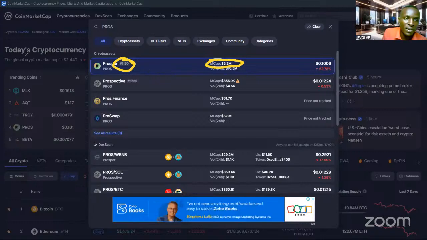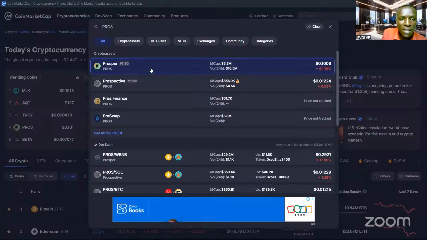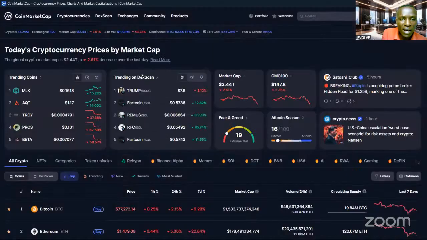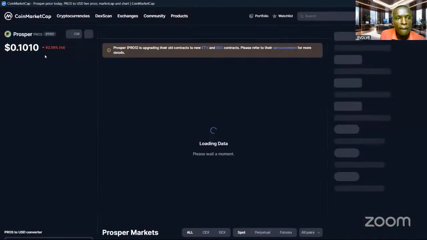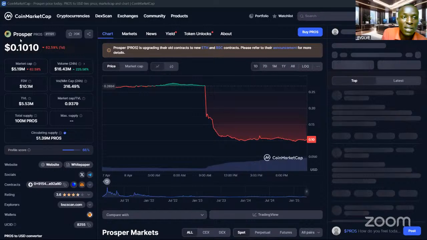Can you see the market cap? The coin is in number 1,191. Coin number 1,191. It is the one I entered my money into.